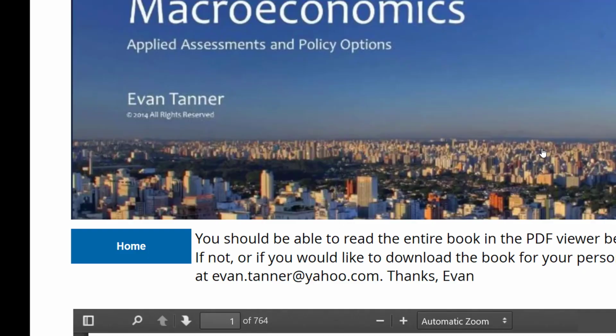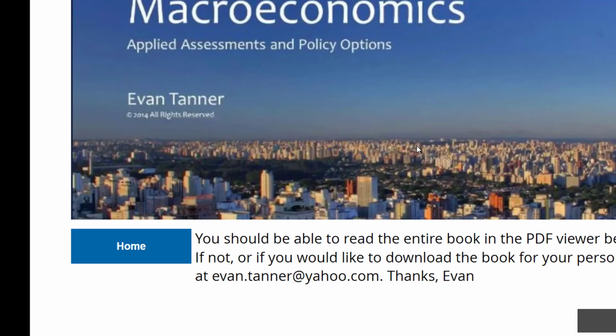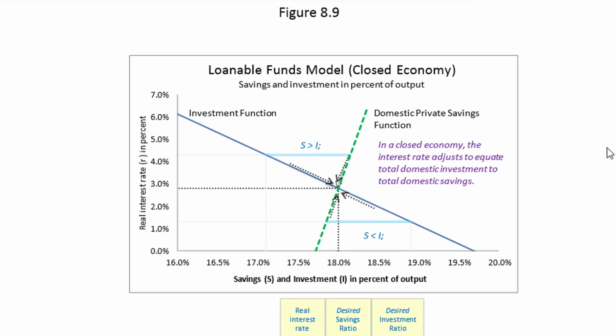I'm going to refer you to another chart that I have in my book. Here in the book, you will find figure 8.9. This is a version of the model, and you'll also see this in Mankiw, where you have more savings when the interest rate rises. When the interest rate rises, that provides an incentive for households to cut back on their consumption today, because consumption is now more expensive.